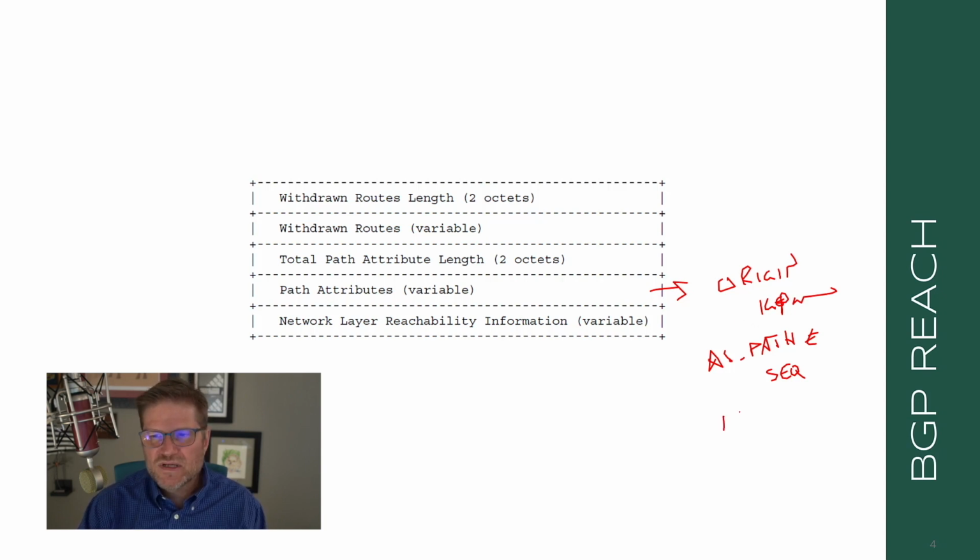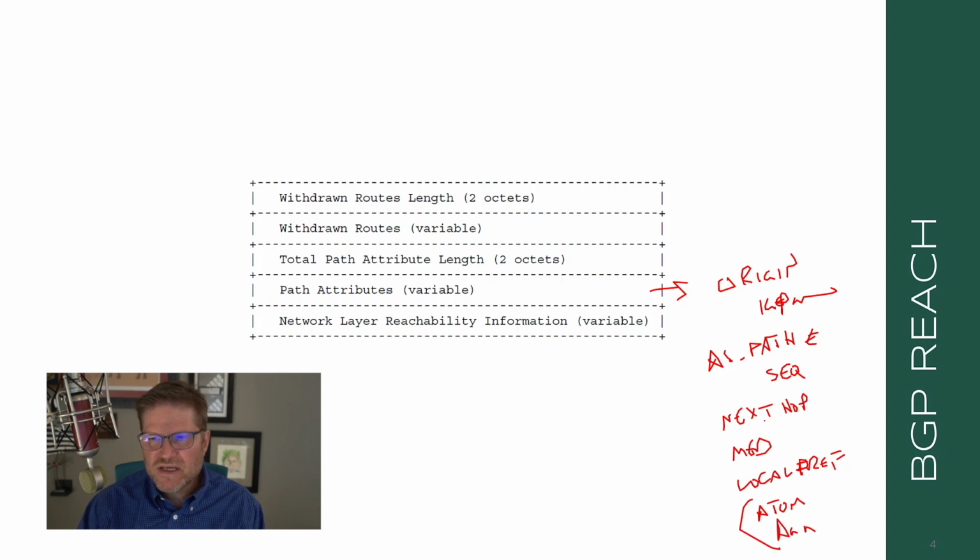They might be able to receive it, but I don't know anybody who generates an AS path set at this point. Another one is the next hop. We've spent a little bit of time talking about link local next hops. There are other ways in which the next hop field can be used or changed. The multiple exit discriminator, or the MED, the local pref. And we'll be talking about some of these, by the way, as we go through the BGP best path process as well. The atomic aggregate and the aggregator.